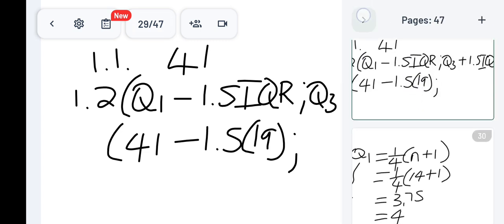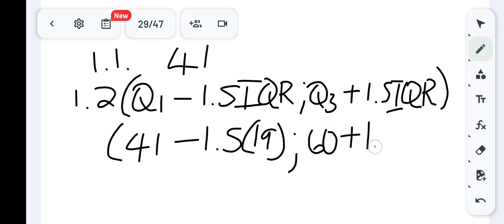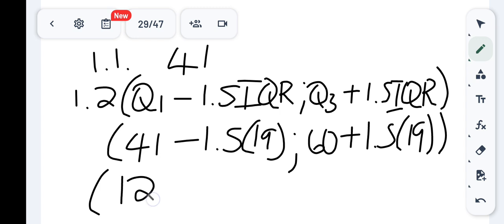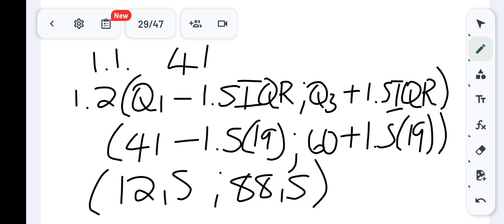Q3 is 60 plus 1,5 times 19. 41 minus 1,5 multiplied by 19 is 12,5. 60 plus 1,5 multiplied by 19 is 88,5. So any value that is not within this interval should be an outlier.